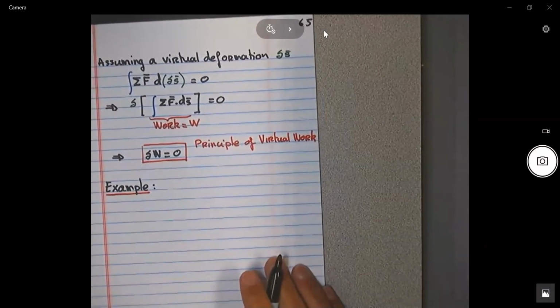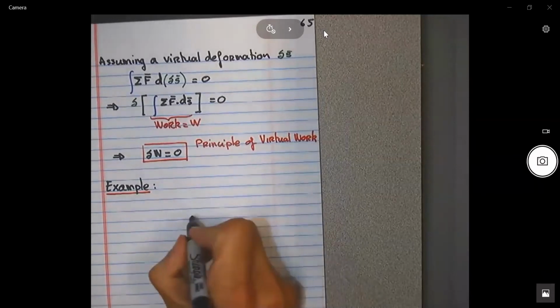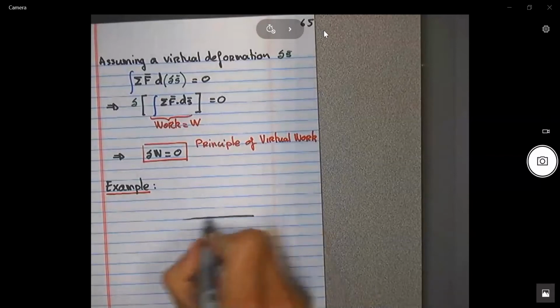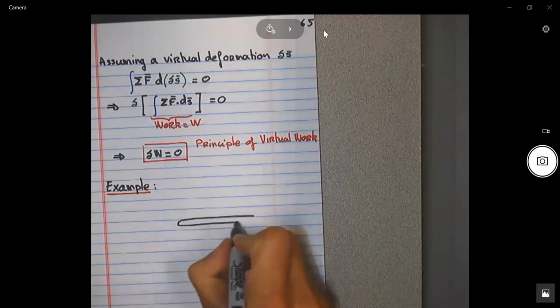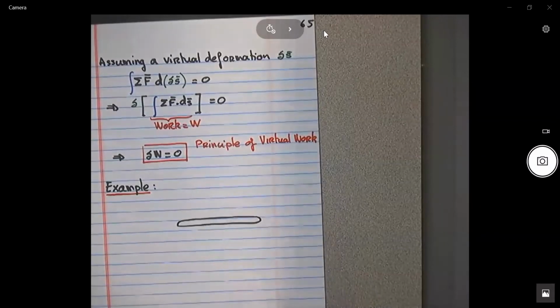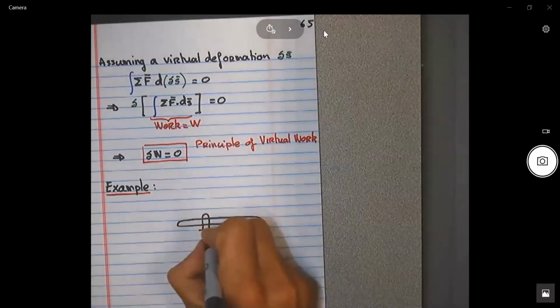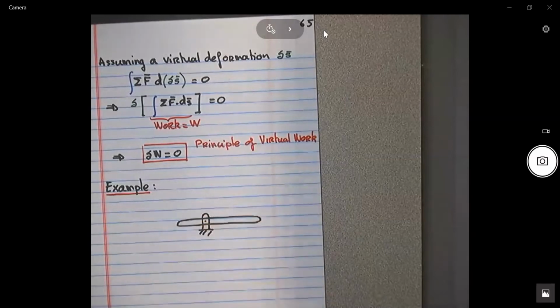All right, so the first example is very, very simple. Basically, it is from statics. Let's say you have a beam, I mean a bar, that will be pivoting about a point.